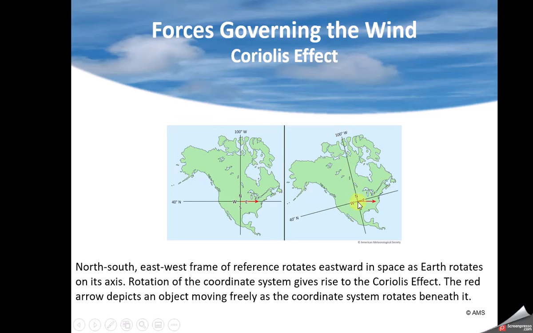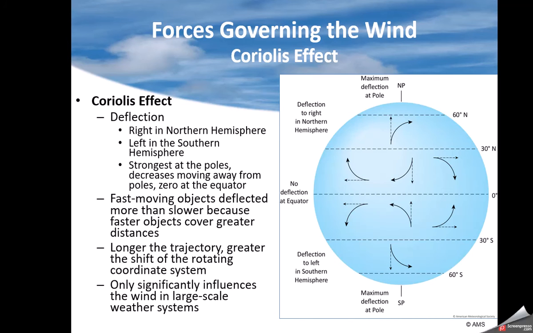However, the other one would have moved a lot, actually producing a force to the right of the air motion, or the right of the motion of the particle. So in the northern hemisphere, the air is going to move to the right of its motion because of the Coriolis effect. It deflects more at higher latitudes. Maximum deflection is at the poles. The minimum is at the equator. There is no Coriolis force at the equator.